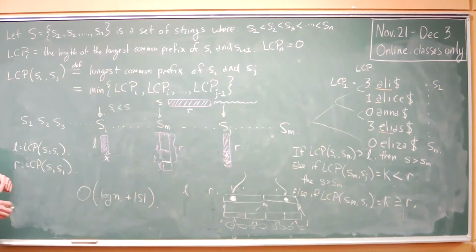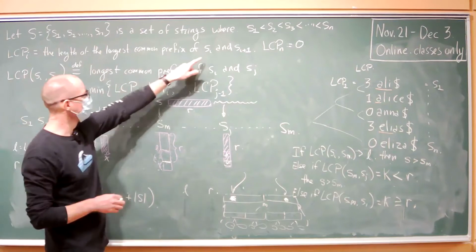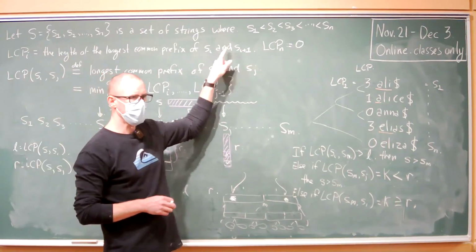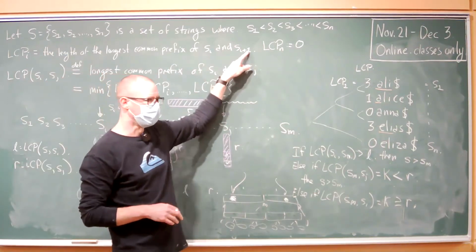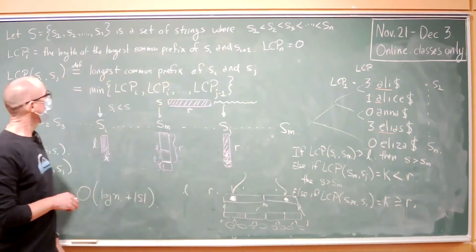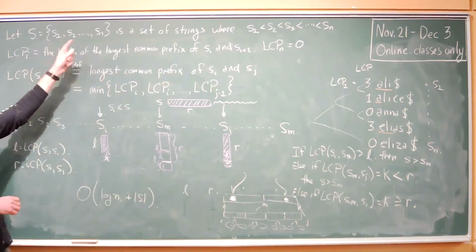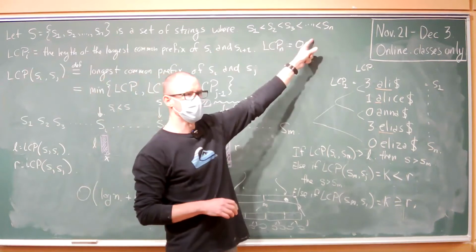But how do you get this sequence of numbers, the one that tells you the longest common prefix between one string and the string that comes next in sorted order? And even more importantly, if you have a set of strings, how do you get them in sorted order?